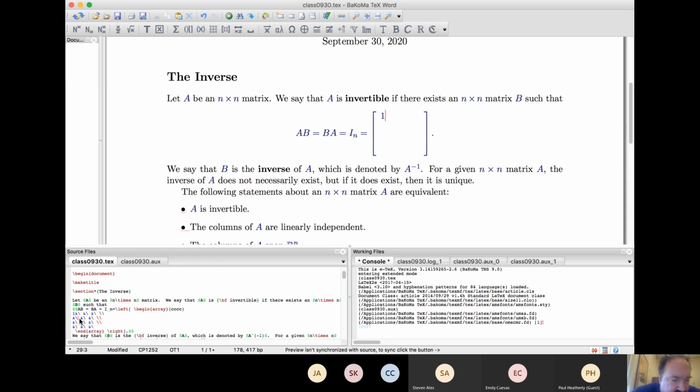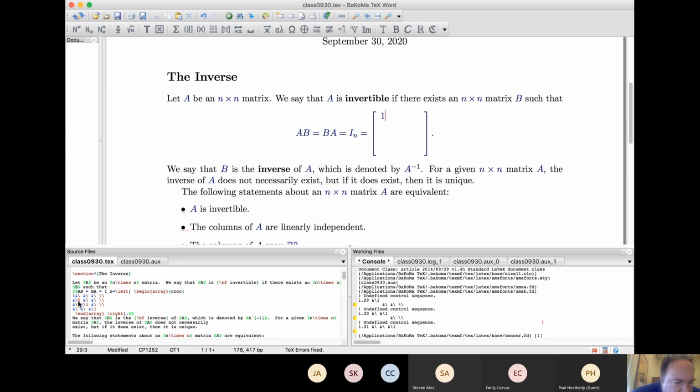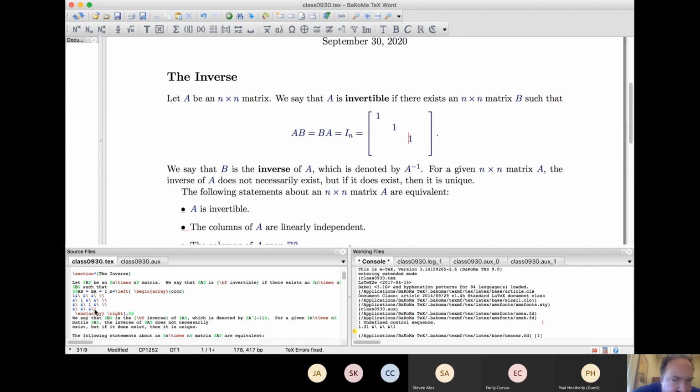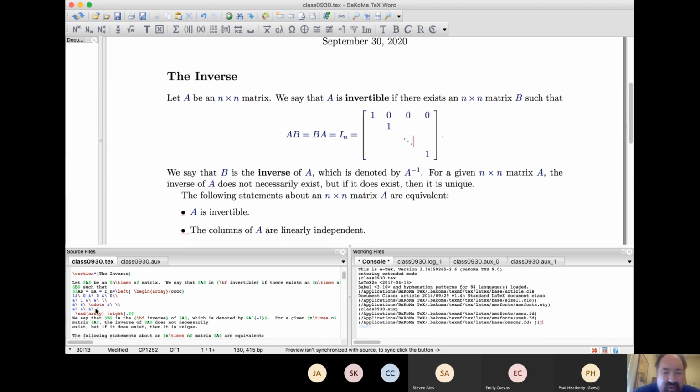So I put 1, 1, 1, 1, and zeros. What I just typed is a 4x4 case. I'll use dots to signify that this could be a matrix of any size, n by n, and we have the appropriate identity matrix for that size.